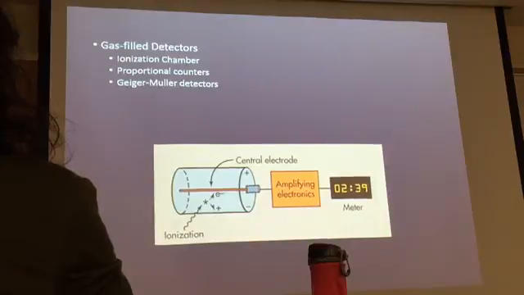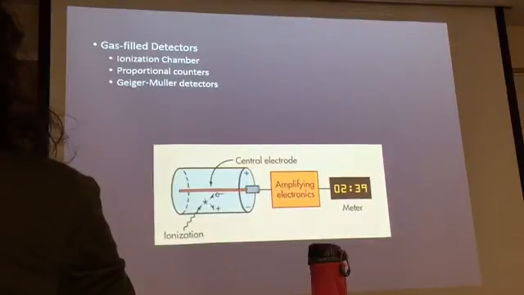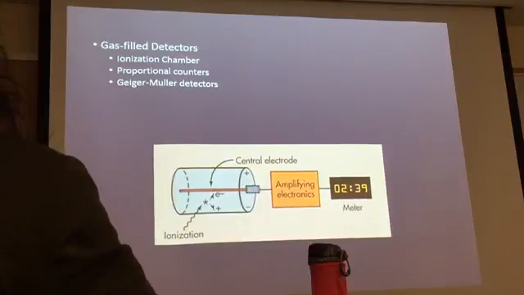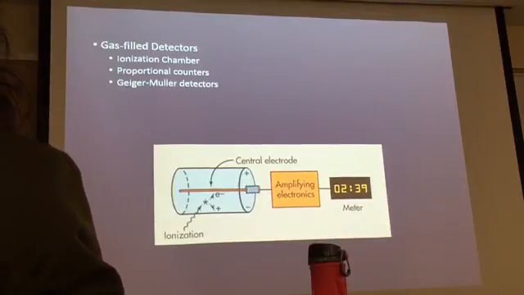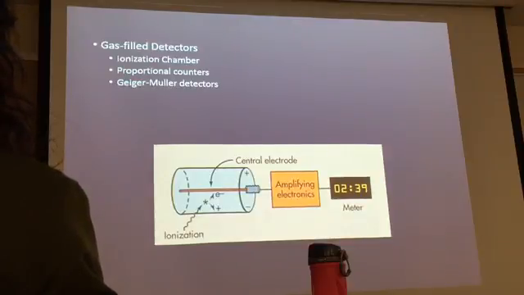As the voltage increases on the chamber, the relative output signal, or the sensitivity with which the detector can detect radiation, goes up as well.